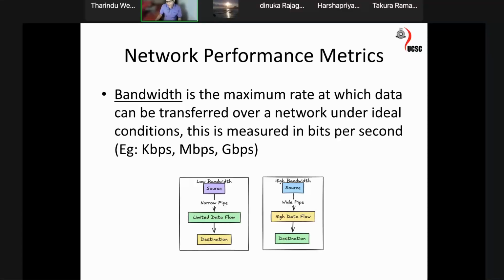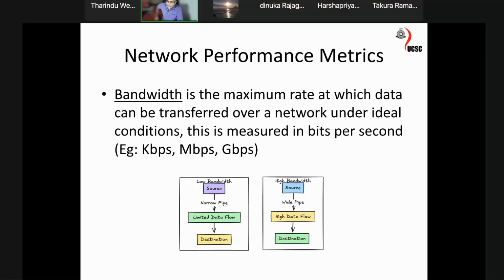Bandwidth is important at the point when you are designing the network. Let's say you are starting a company and you want a greenfield, brand new network in your campus or building environment. You decide initially on an average bandwidth of 1 Gbps, 1 gigabit per second, and the network is built.